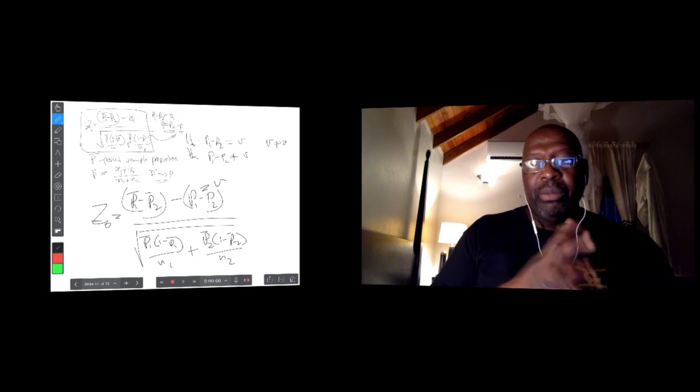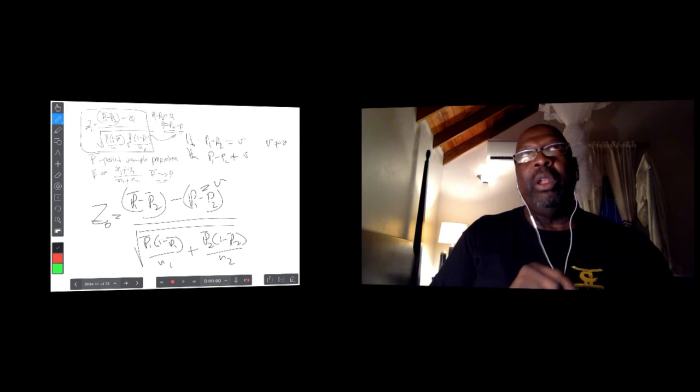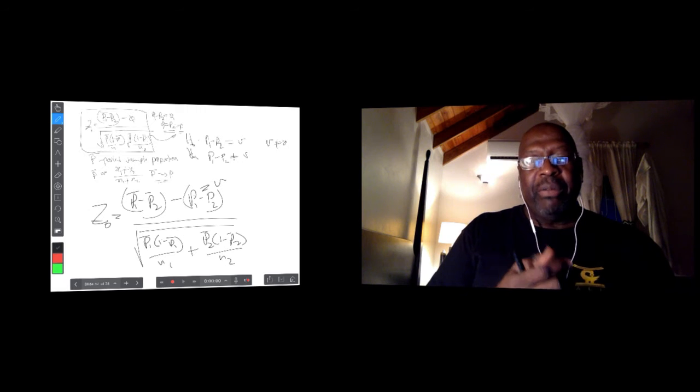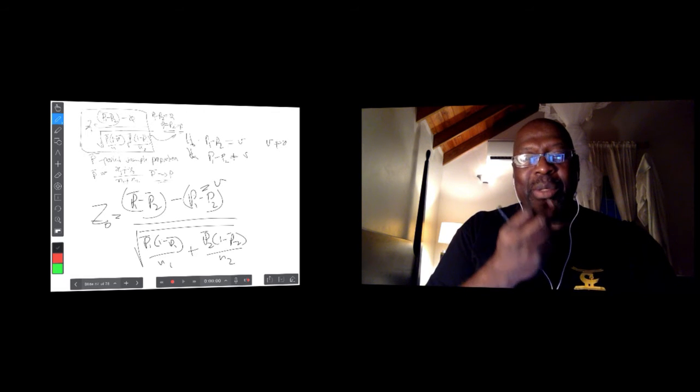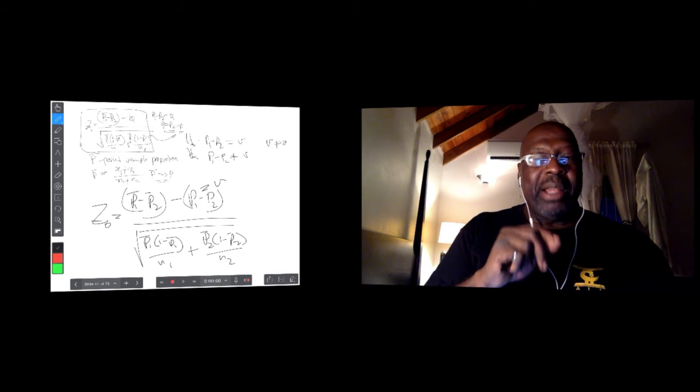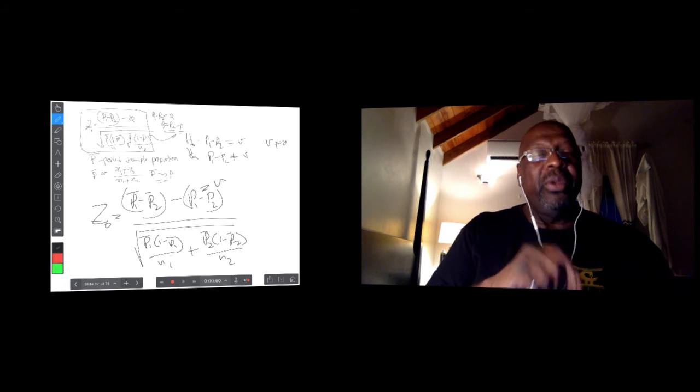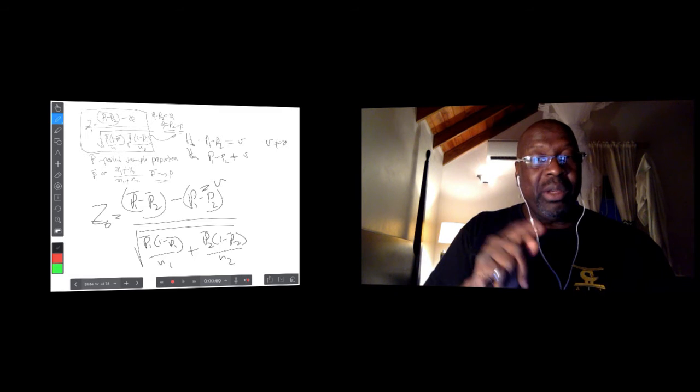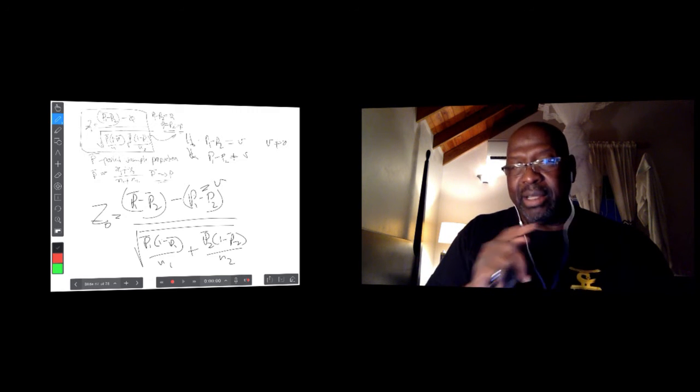Okay? But remember that those Z values, there are two of them. One depends on whether or not in our null hypothesis we are assuming that the difference between them is 0. So we will have P1 minus P2 is either equal to 0, or P1 minus P2 is greater than or equal to 0, or P1 minus P2 is less than or equal to 0.